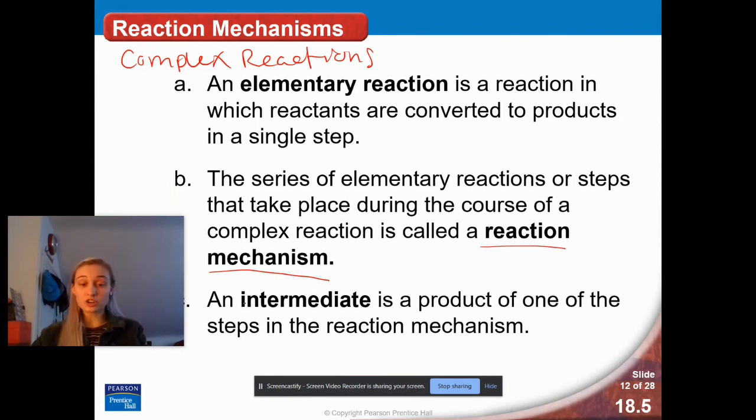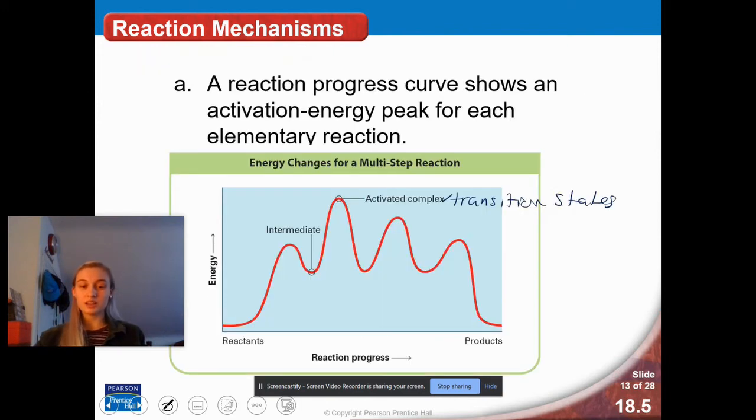And so the intermediate, like I said, is just the product of one of those steps. You don't have to write this, but if I refer to it as kind of a product, it's because it's not what we want, but it is more stable than what we had up here.